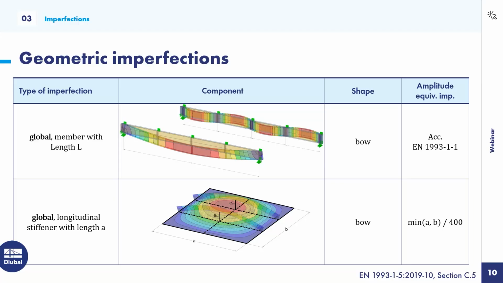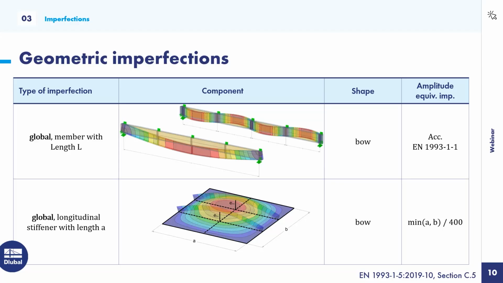So we would go in Eurocode 3 1.1 to check how large our imperfection amplitude would need to be. But before we do so, of course, we need to think about what type of bow imperfections are relevant for our case here. Since our girder is loaded in bending about the major axis only, we need only to consider imperfections for lateral torsional buckling.